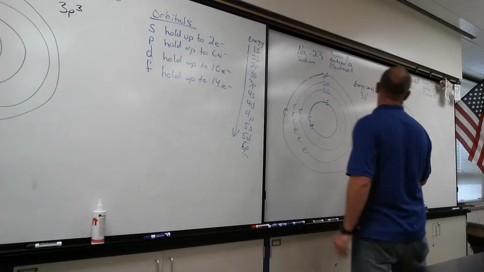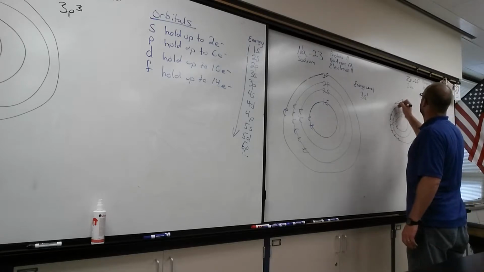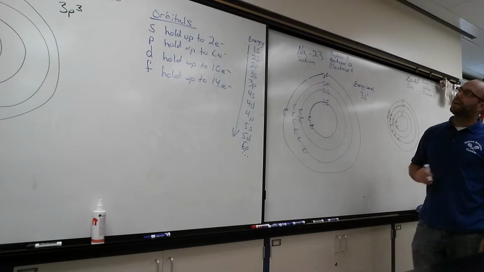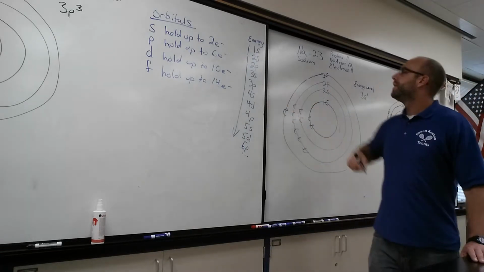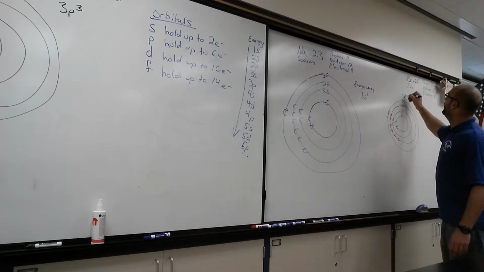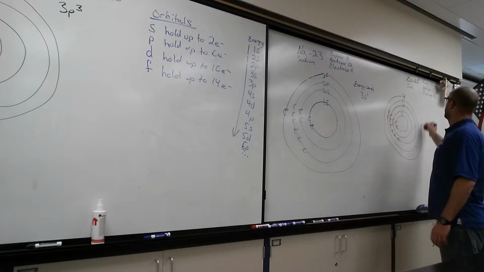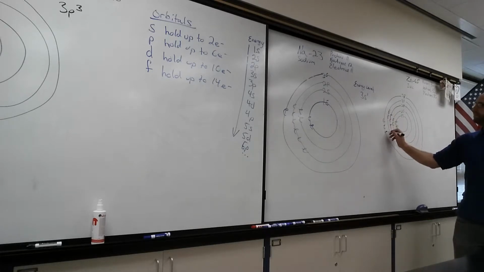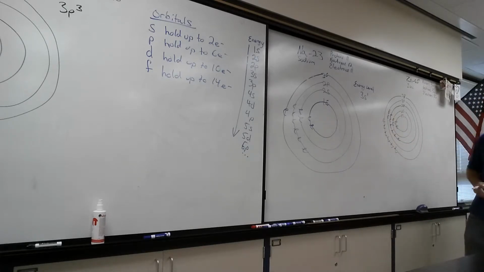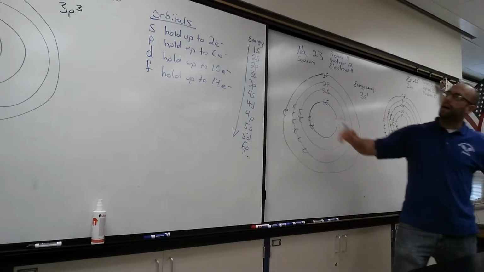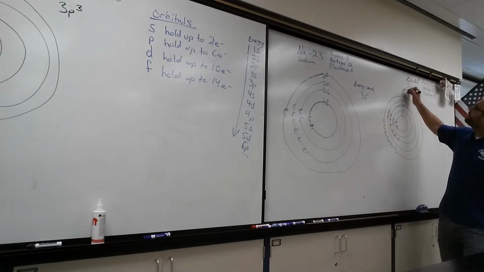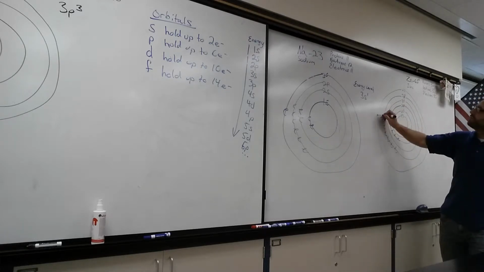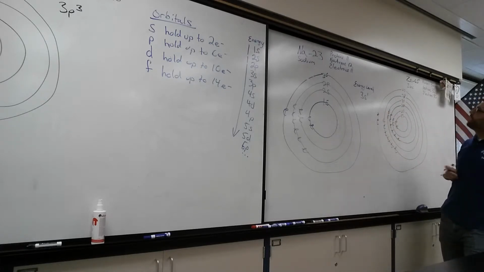After 2p, I'm at 3s. 1, 2. I'm at 12. Then I'm at 3p. P's hold 6. I'm at 18. After 3p, I'm at 4s. 2 electrons. I'm at 20.